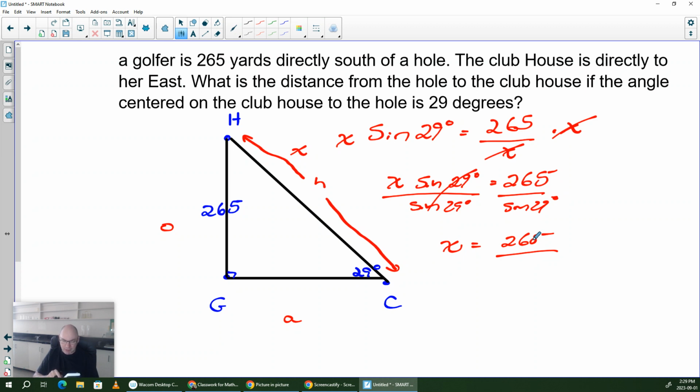Okay, so let's go sine 29 to get our decimal number, 0.4848. And then if we divide 265 by 0.4848, we get our 500 and, let's go to the nearest yard, 547 yards.